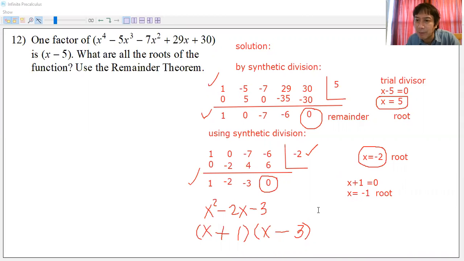This is our third. We still have one more. We can now use the x minus 3 factor, equate that to 0. And clearly when we solve this, x is equal to a positive 3. And that's another root of the function.